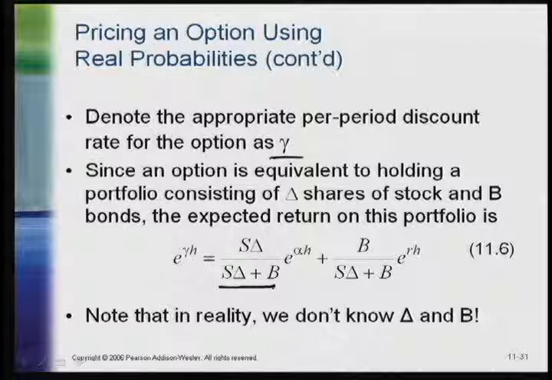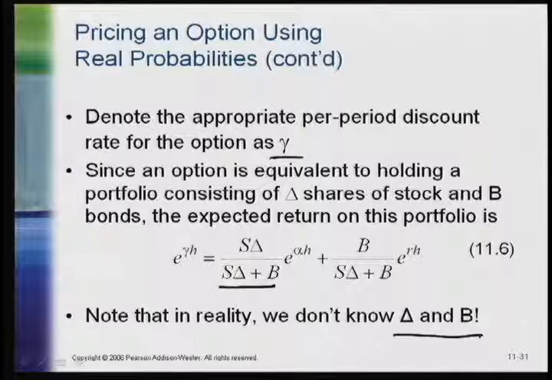Now, it's important to note that this is a theoretical calculation where we're going to show that if we knew by some method what delta and B were, the price we get by this method is the same as the risk-neutral price. But this is not a methodology that's really appropriate in practice, because when we get to this step, we have no way of calculating gamma without knowing the price of the option and the value of the replicating portfolio.